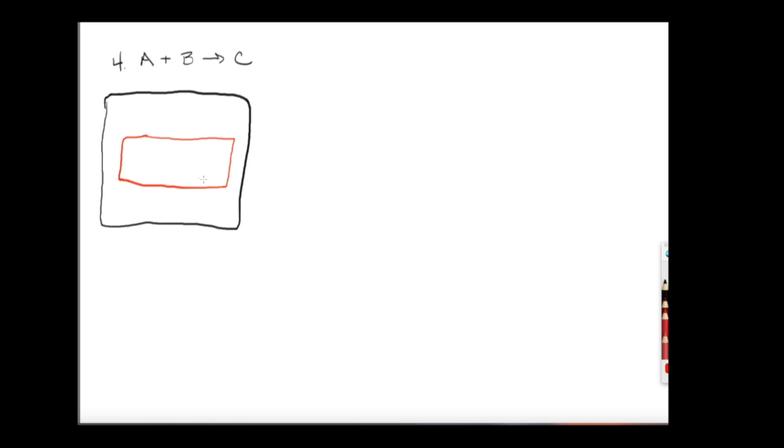So here's my system. And again, this is the surroundings. All right, and our system is the chemical reaction, so it's A plus B, and then going to C. We're told in the problem that the reaction cannot proceed unless it's heated. All right, so what does that mean to you?